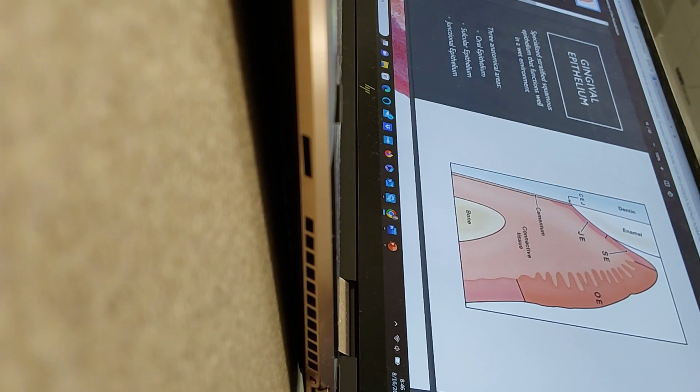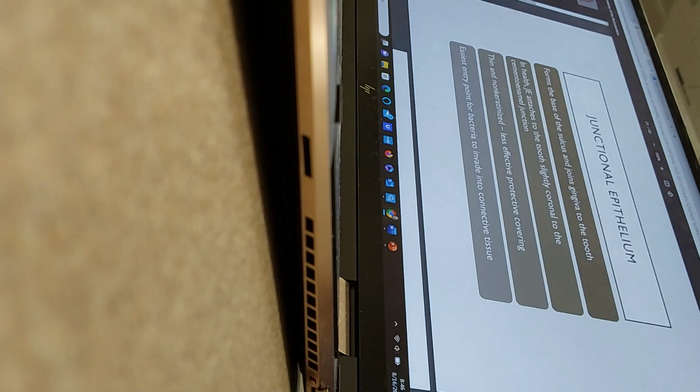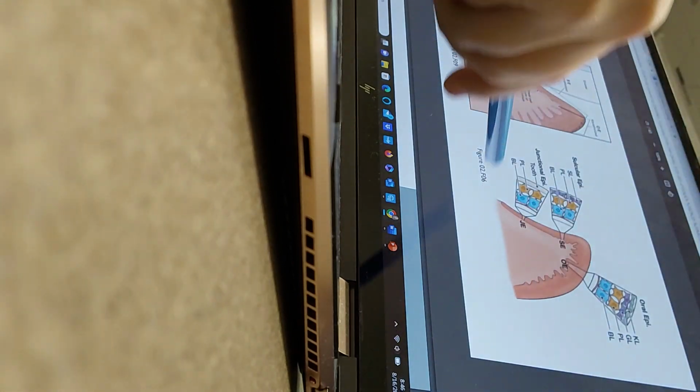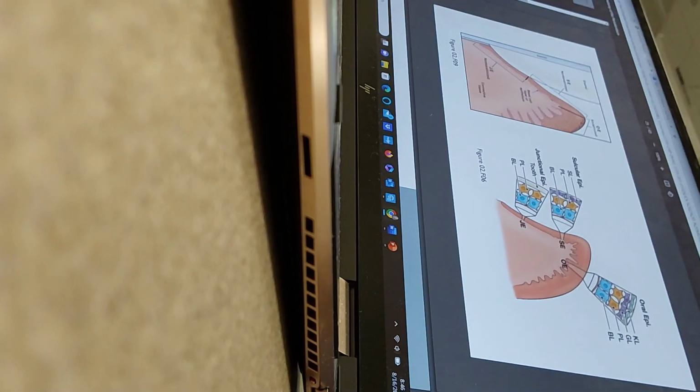This is a great picture of all the little cell layers. It looks like a lot with the little letters, but there's a key to it. You can see on this image, it tells you in the notes right underneath, like prickle cell layer, superficial layer. Okay, so here's the oral epithelium.